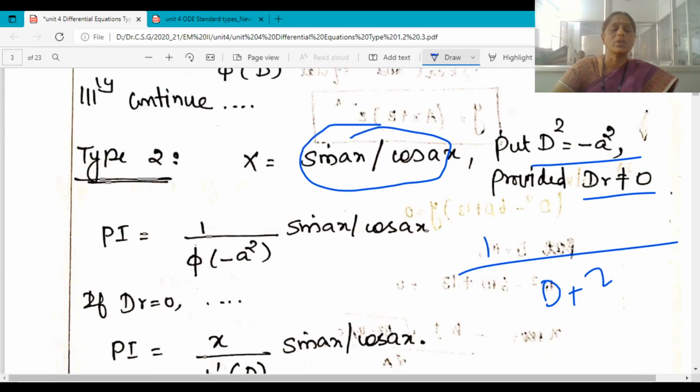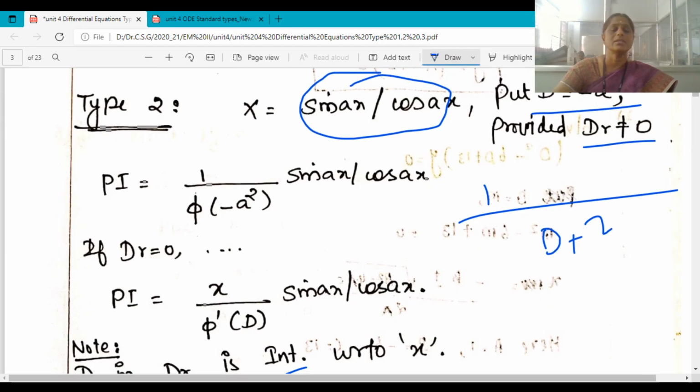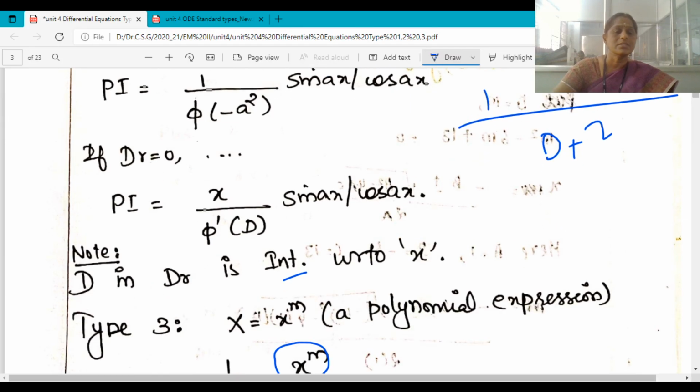So the particular integral equals 1 by φ(−a²) times sin ax or cos ax. If the denominator is 0, put x in the numerator and differentiate the denominator. While differentiating, if you have linear terms in the denominator, multiply the numerator and denominator by the conjugate, and proceed as before.